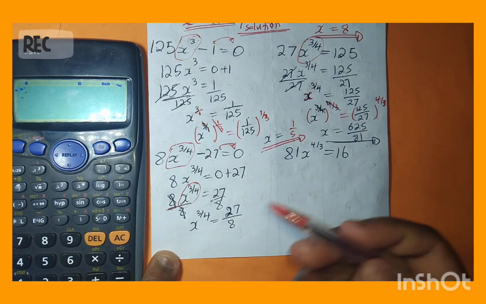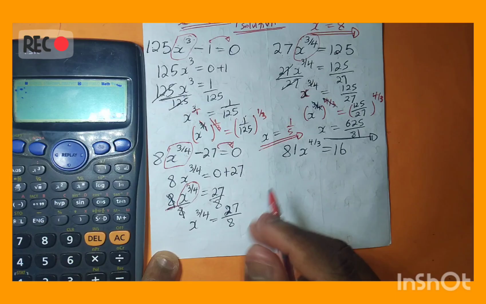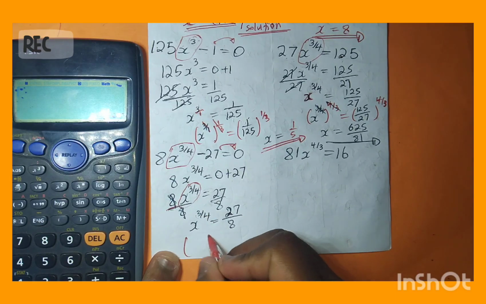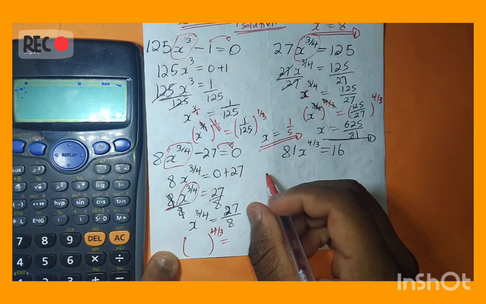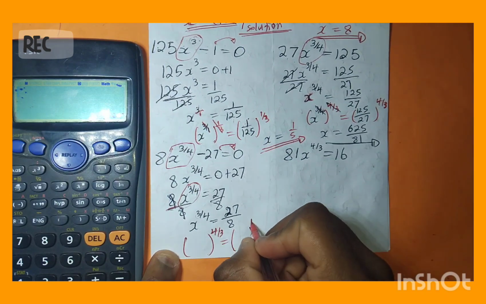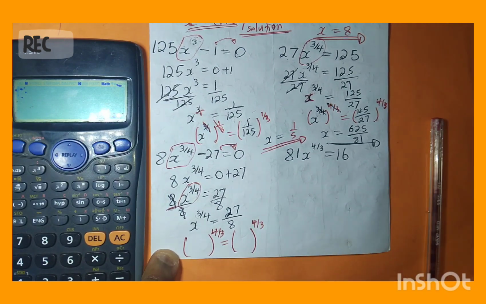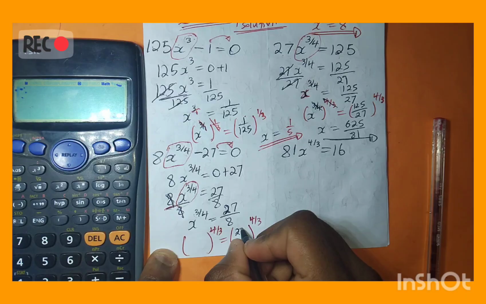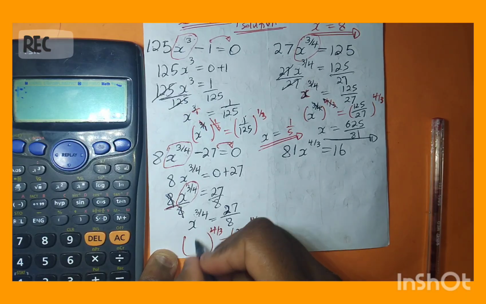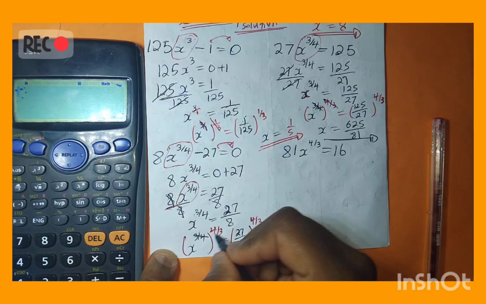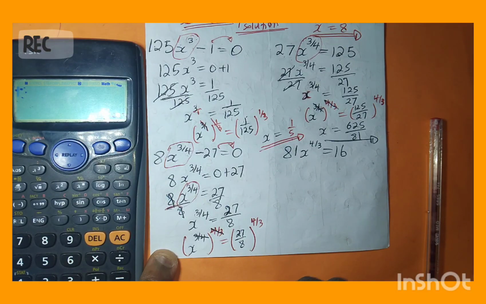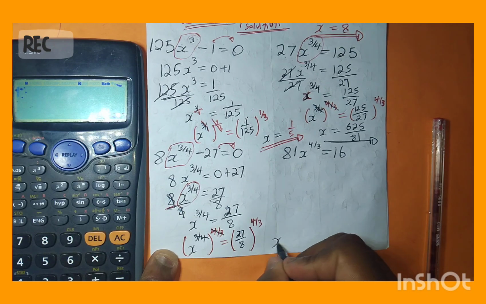Now in this case, I can take the reciprocal of this thing both sides, meaning that it's 4 over 3. Similarly with that one, which is 4 over 3. And here it's 27 over 8. But here I've got that x, which is 3 over 4. Both of those two things cancel together, meaning now I should be left with x there.